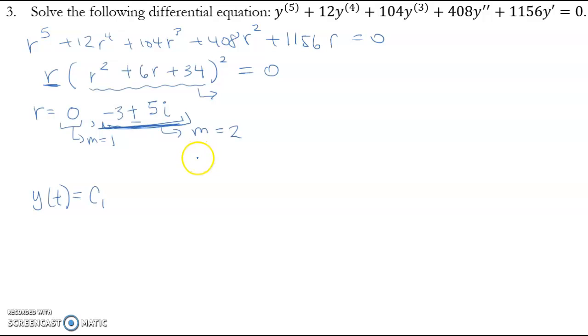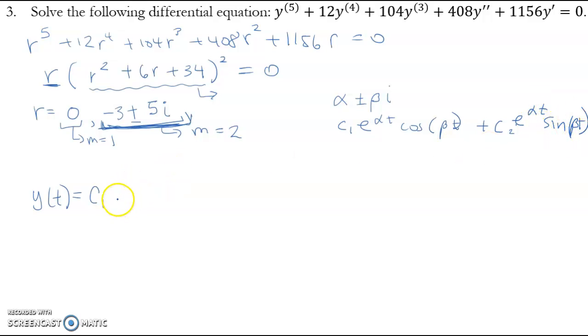If you remember from the second order differential equations, if we have irrational solutions, then that's going to take on the form utilizing the cosine and sine. So remember, if it was alpha plus minus beta i, then it was going to be c1 e to the alpha t cosine of beta t plus c2 e to the alpha t sine of beta t.